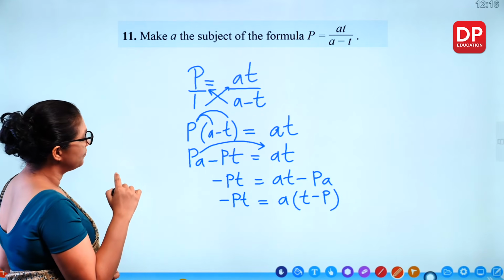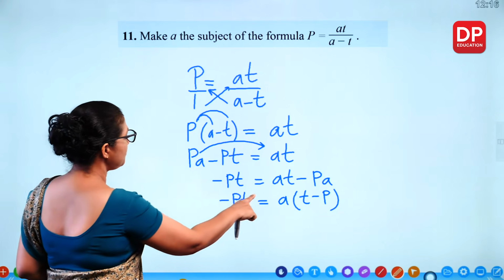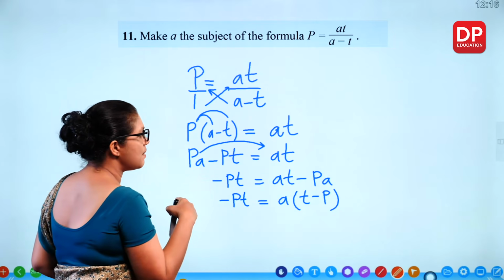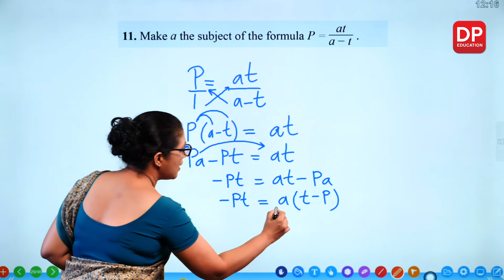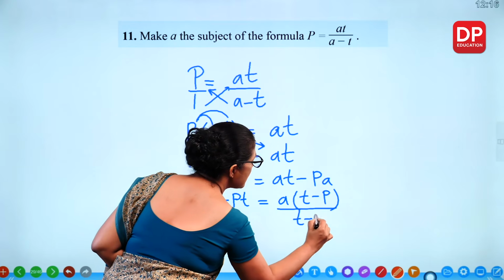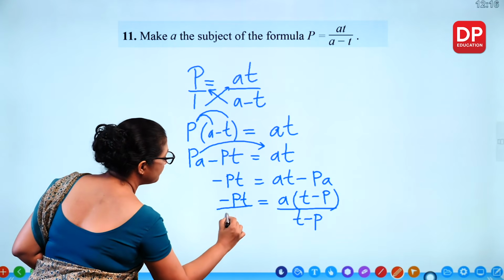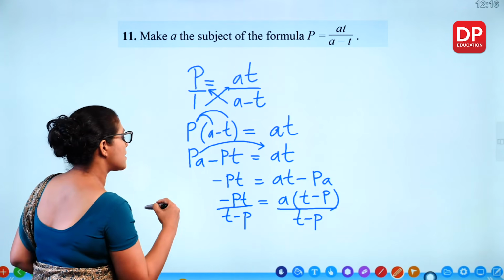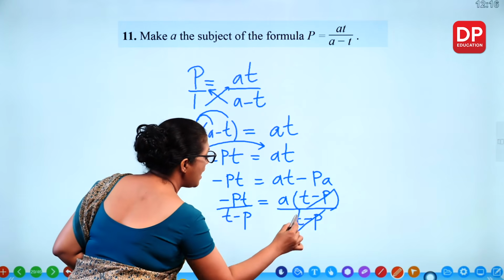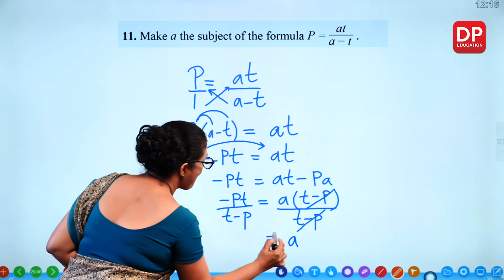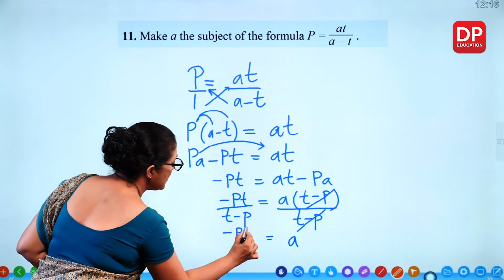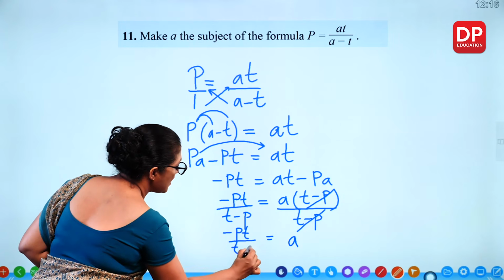Now you have to divide by t minus p to get a. Divide by t minus p. What's the answer? You get a equals minus pt over t minus p.